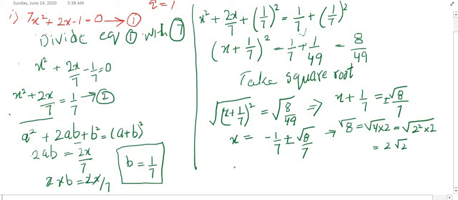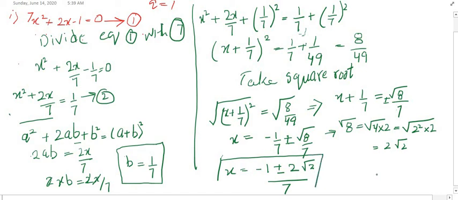Okay, so x is minus 1 plus minus 2 square root 2 divided by 7. This is the solution set of the given quadratic equation. Clear? That is how to solve the quadratic equation by using the completing square method. Okay.